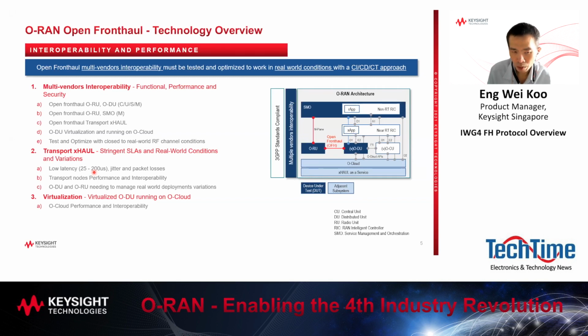For ORAN, for example, with industrial IoT applications requiring ultra-reliable low latency, the one-way latency could be down to 25 microseconds over the open fronthaul, otherwise the ODU and ORU would fail to communicate to serve the needs of the applications, and obviously jitter and packet loss matter too. In other words, the transport nodes need to be tested for performance and interoperability, and you need to make sure that we can simulate some of these real-world scenarios within the lab to validate the interoperability of the open fronthaul between the ORU and ODU.